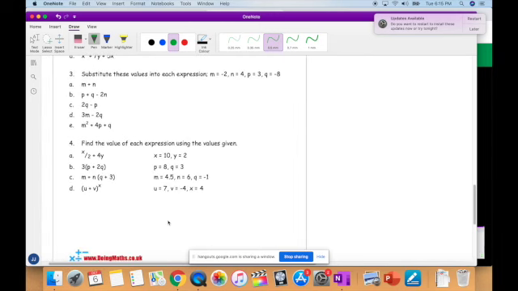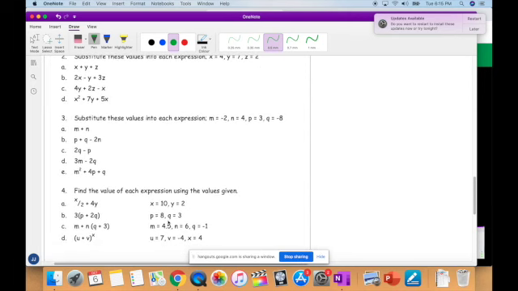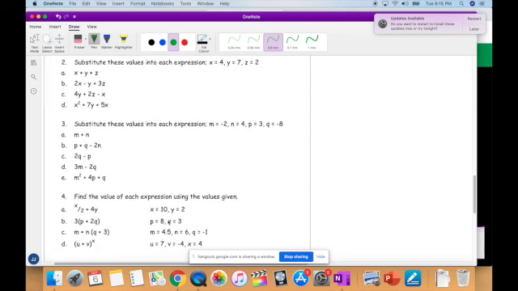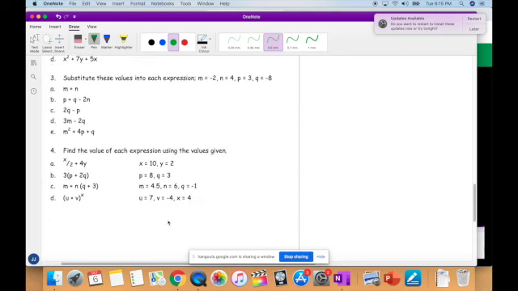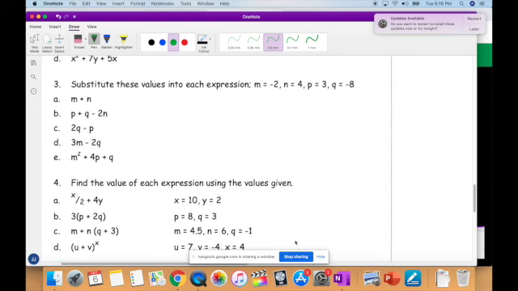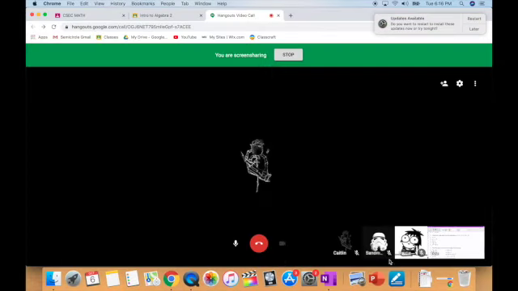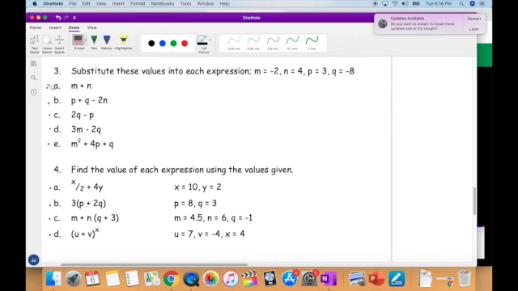So since you all understand substitution, let's do this one. Let's do number 3 and number 4. 1, 2, 3, 4, 5, 6, 7, 8, 9 questions. I'll give you 10 minutes. So 10 minutes for 9 questions.